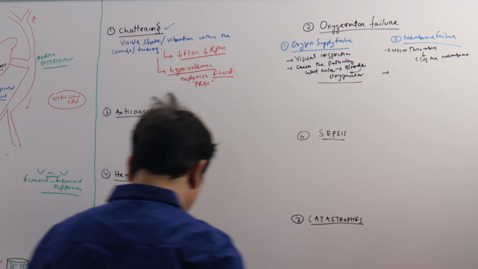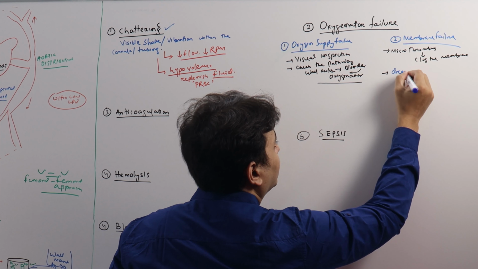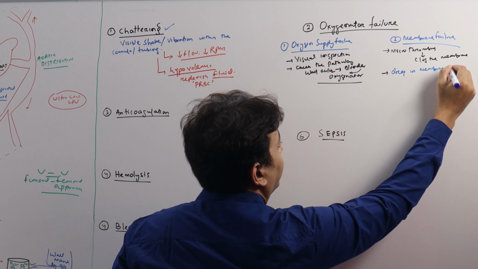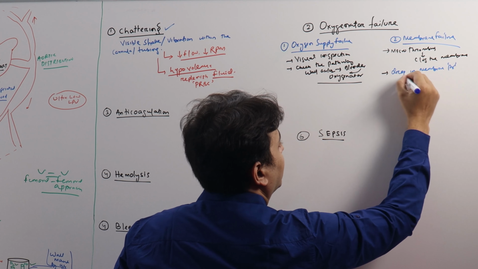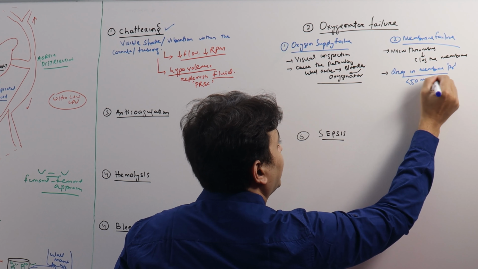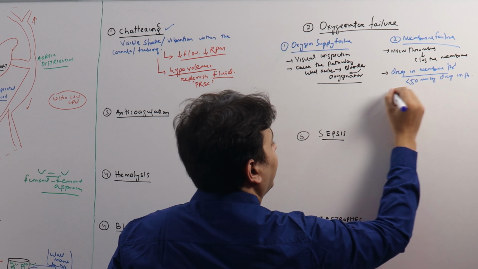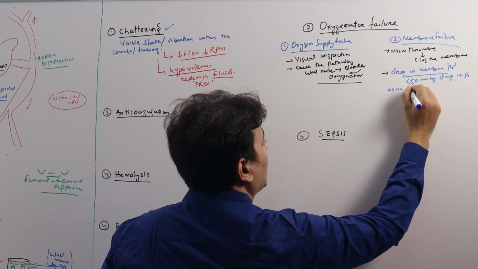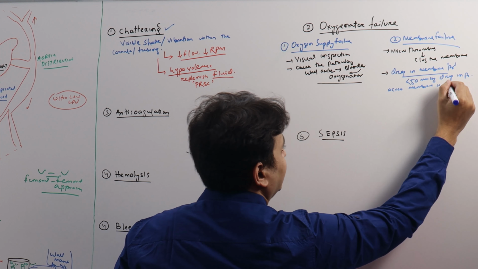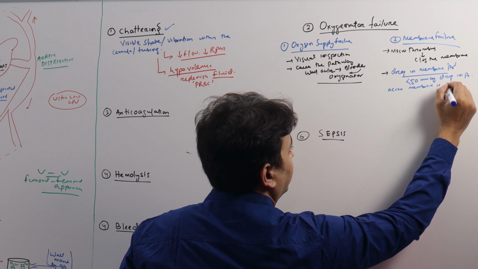So how to diagnose it? We can see the drop in membrane pressure, right? A drop of less than or equal to 50 millimeters of mercury in pressure across the membrane is expected.